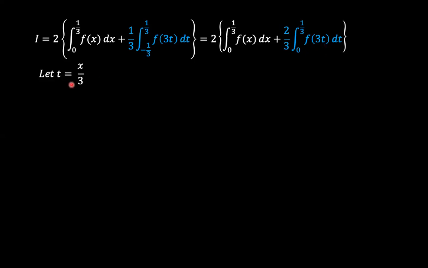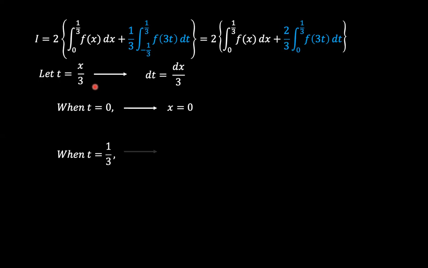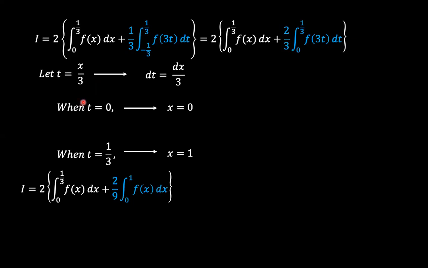Then we could substitute x back to try and eliminate this constant within the function by saying let t equal x over 3, and therefore dt is equal to dx over 3. When t equals 0, x is 0, and when t equals a third, x equals 1. Therefore, the blue integral is the same as the white that is known, and then in the blue we have 2 over 9 times the integral from 0 to 1 of f(x).